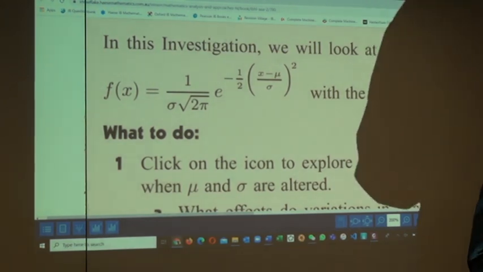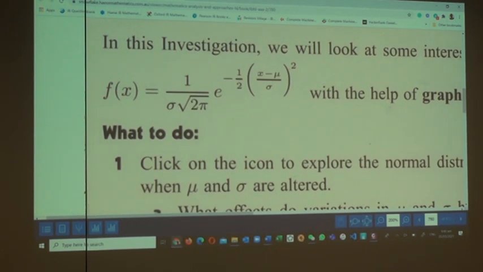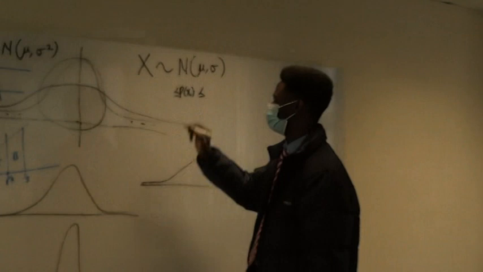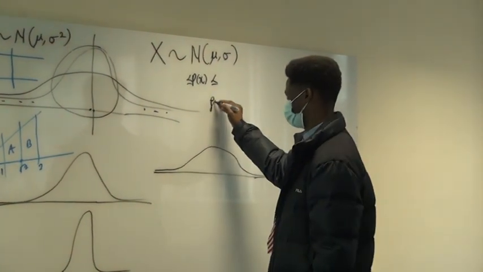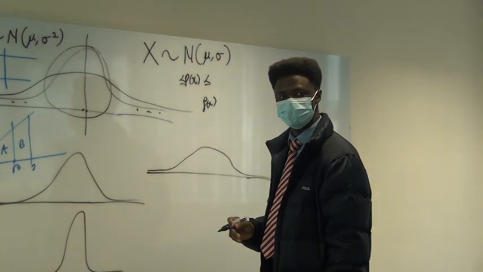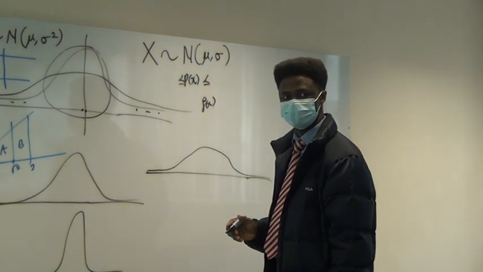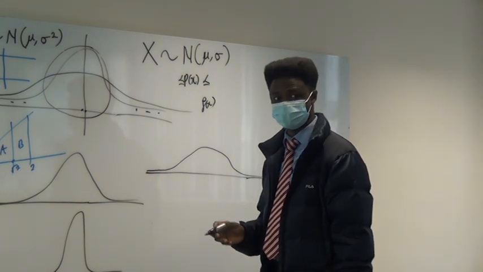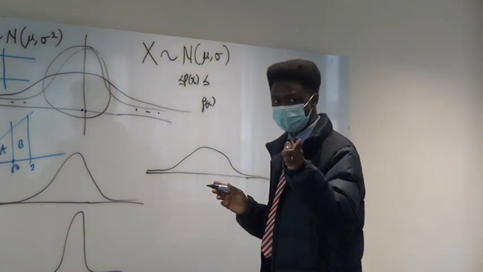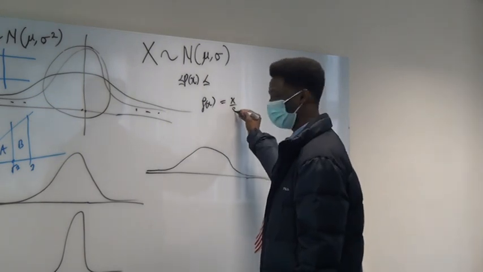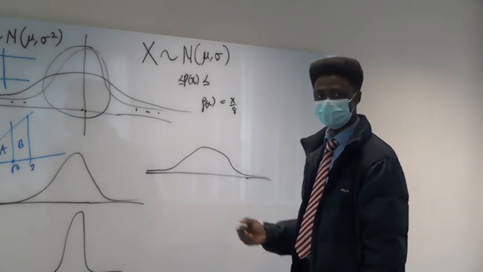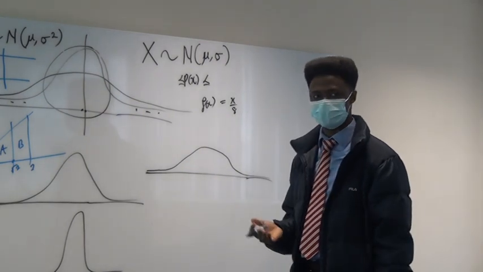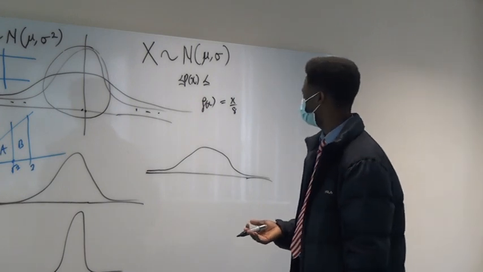Okay, let me put it, I think you're confusing it. Your P of x is what we said must be within this range, not your f of x. Your probability mass function or density function doesn't have to be. One of the probability mass functions we did was x over 8.